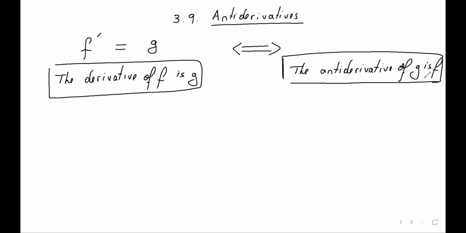Now that being said, the rest of today's lesson is to familiarize ourselves with writing things right to left. In other words, we take the derivative and then we say the antiderivative is that.